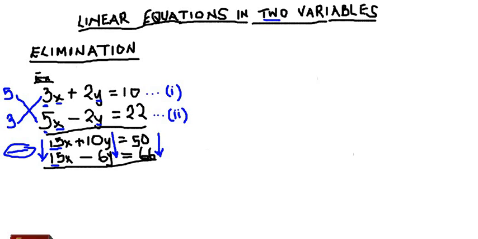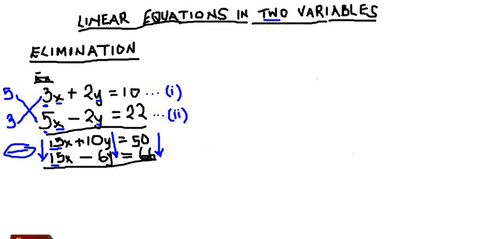And the case is also the same if the two coefficients were both negative. If the first 15 in equation 1 is negative and the second 15 is also negative, we were also going to subtract for us to be able to eliminate. So as a principle, if the coefficient of the variable you are eliminating has the same sign in the two equations, then you subtract the two equations.